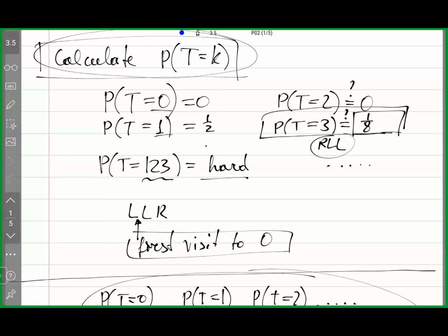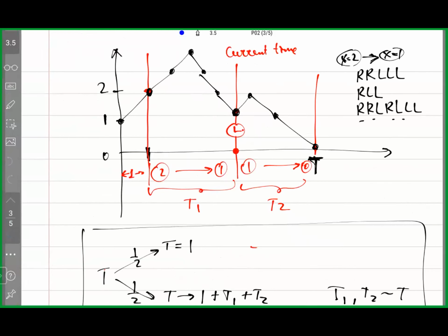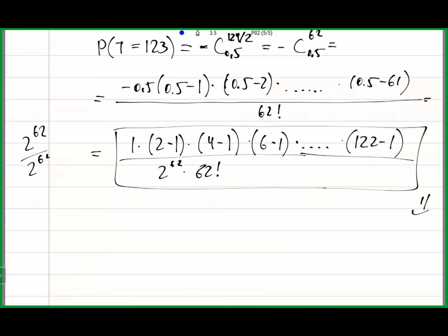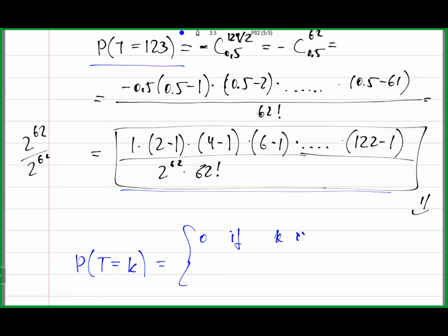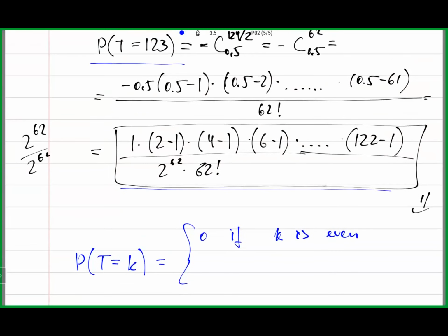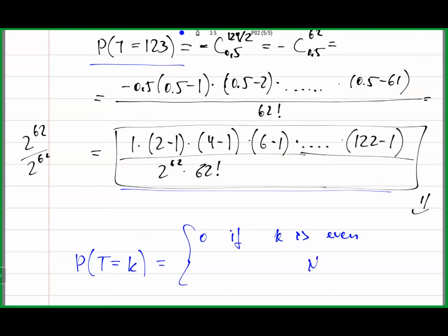And what would be P of t equals to k, like final formula for any k? Final formula for any k. So you may see it here. P(t equal to k) is 0 if k is even. And if k is odd, so let's write this formula.